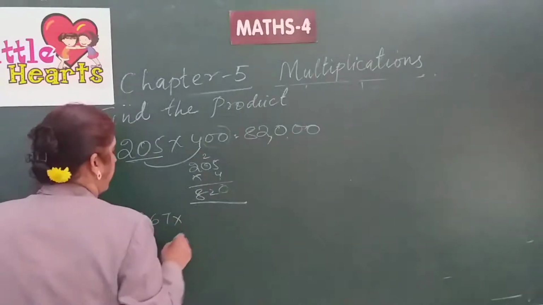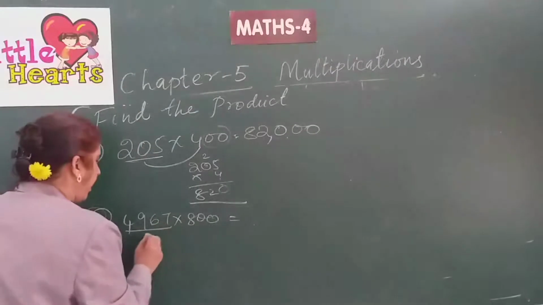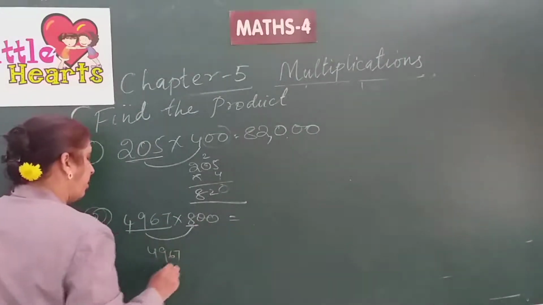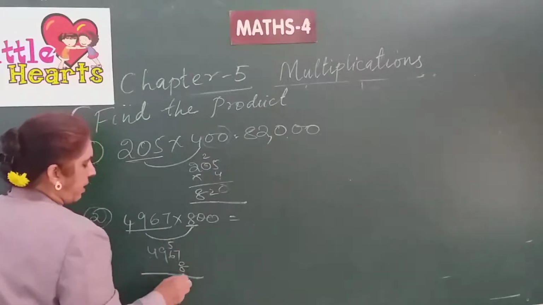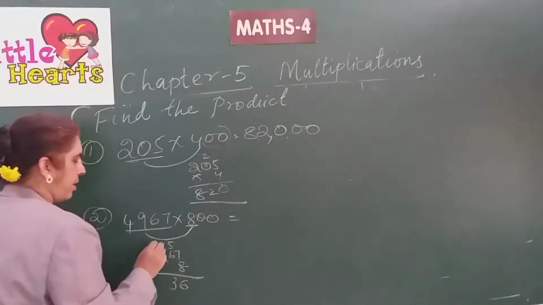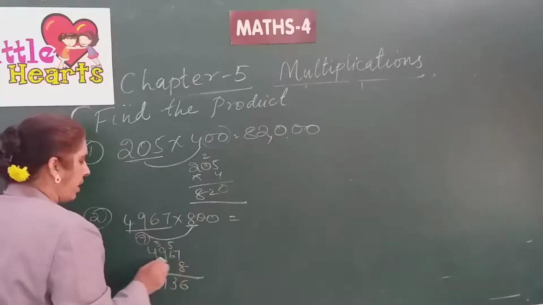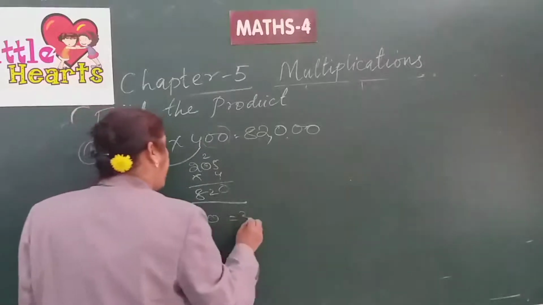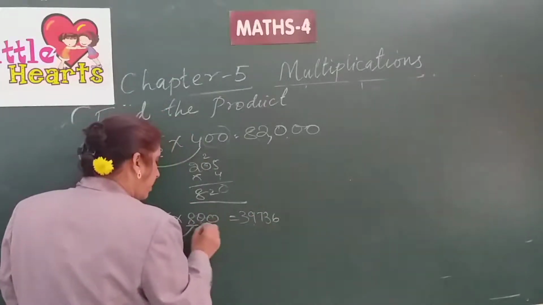4,967 into 800. For this, what you need to do? Multiply these numbers. 4,967 into 8. 8 7s are 56. 8 6s are 48 plus 5, 53. 8 9s are 72 plus 5, 77. 8 4s are 32 plus 7, 39. 39,736 followed by these 2 zeros.